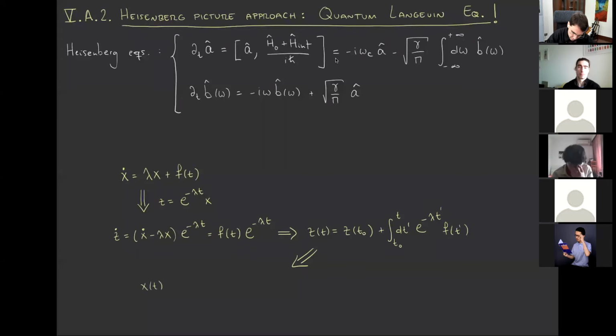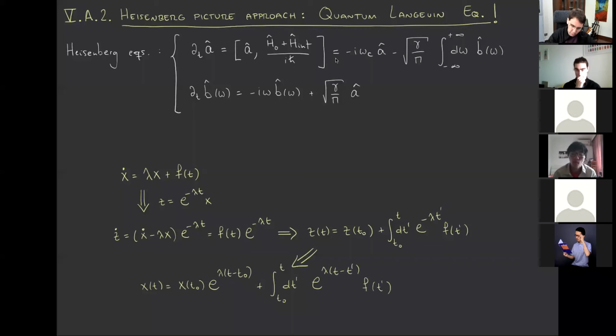The final solution just looks like this. So x of t will be equal to x of t0 times the exponential of lambda of t minus t0, and then the integration from t0 to t dt prime of the exponential of lambda t minus t prime, and then f of t prime.